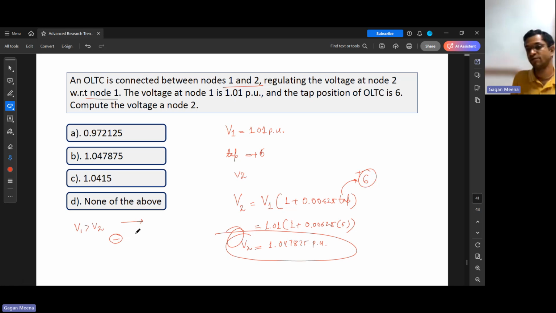But if V2 is more than V1, is it possible? Yes, it can be possible. It is possible if, let's say, there is a solar PV at V2 during daytime, operating at MPPT with high solar irradiance.